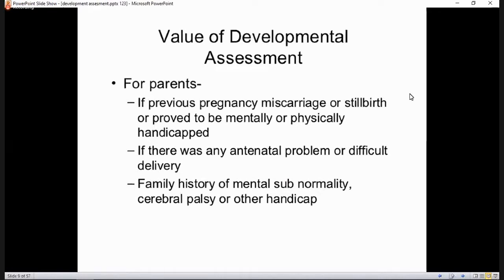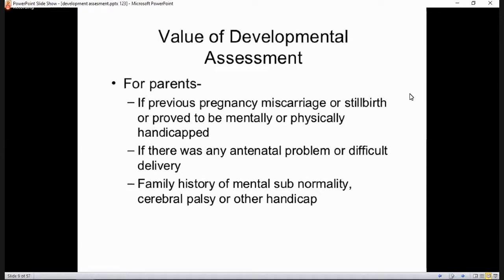If there is any antenatal problem or difficulty in delivery, like trauma, or an antenatal problem like the mother had a fit, an infection, or an accident, that can lead to trauma to the placenta or to the fetus.